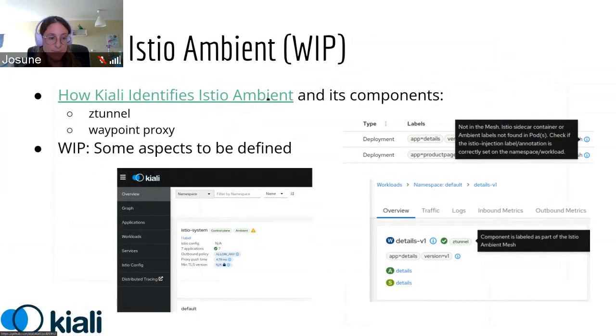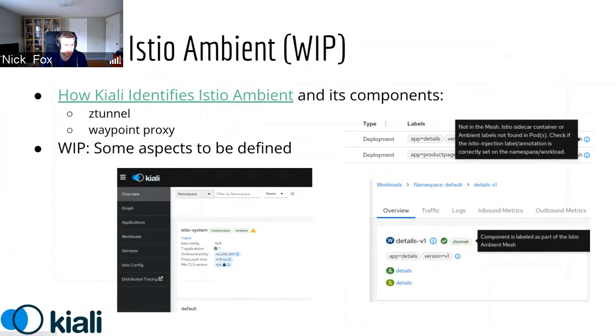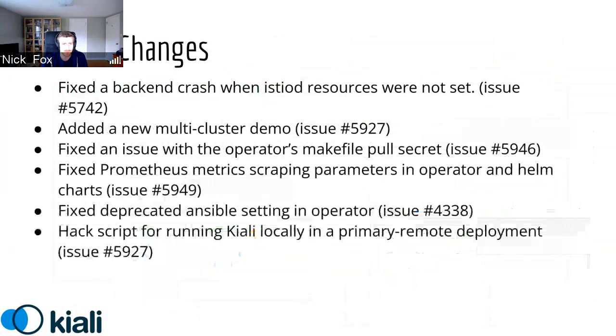Okay, thanks a lot. If you have feedback about this, please let us know on that issue. Some other notable changes that went into this release. There was a backend crash when Istiod resources were not set, and there's a fix for that. There's a new multi-cluster demo out there.